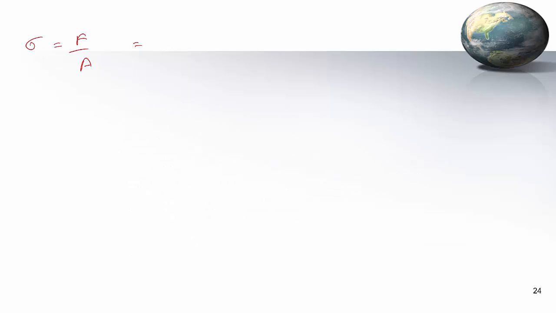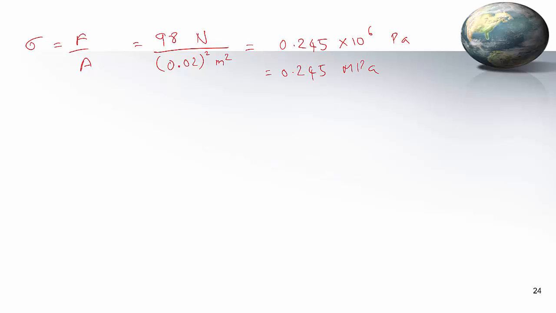The force is equal to 98 newton divided by, if I want to convert it to meter square, 400 times 10 power minus 6 square meter, which is equal to 0.245 times 10 power 6 pascals, or 0.245 megapascals. Let's go one step at a time.